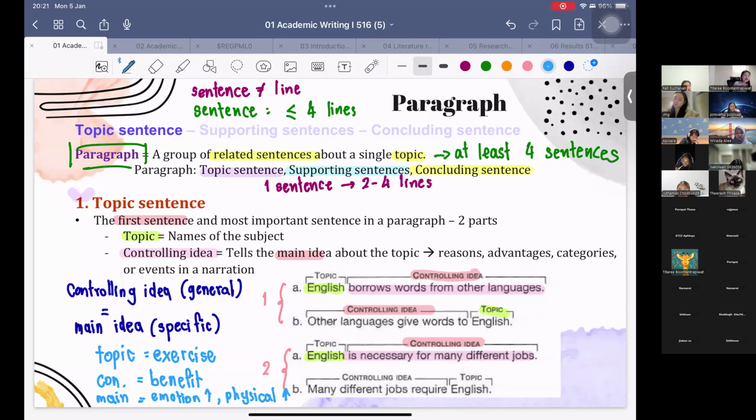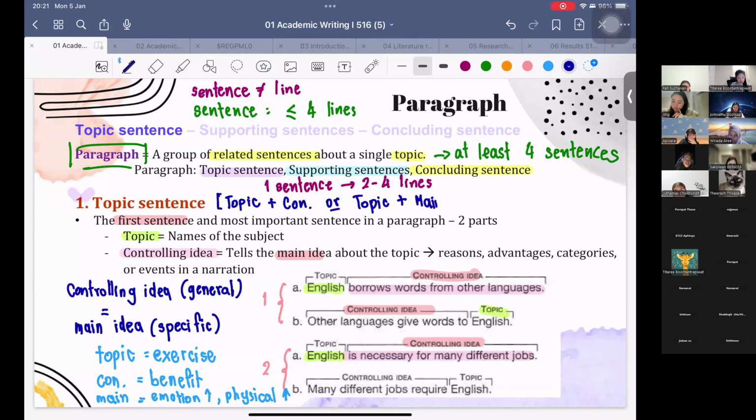So as you can see, the benefits, the controlling idea and the main idea technically reflect the same thing. However, the controlling idea provides the overview, while the main idea provides the details. When you write a topic sentence, you have two choices: you can write the topic and controlling idea, or the topic and main idea.